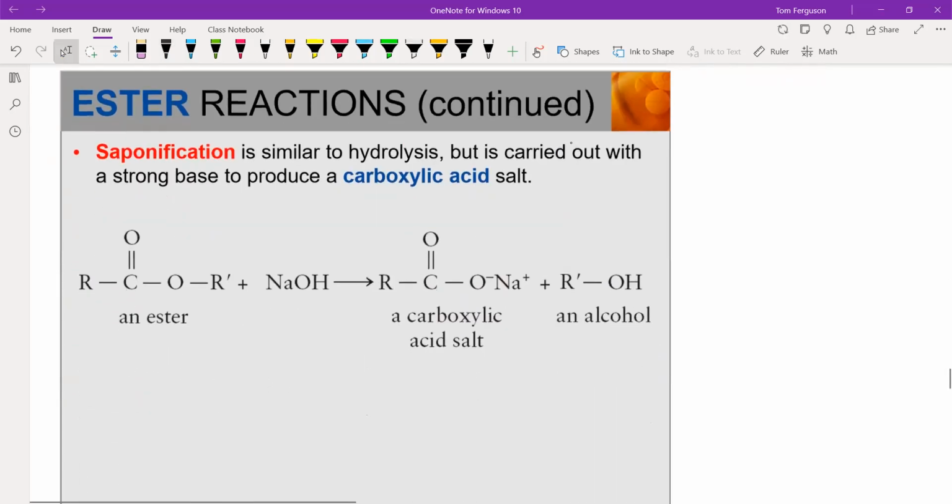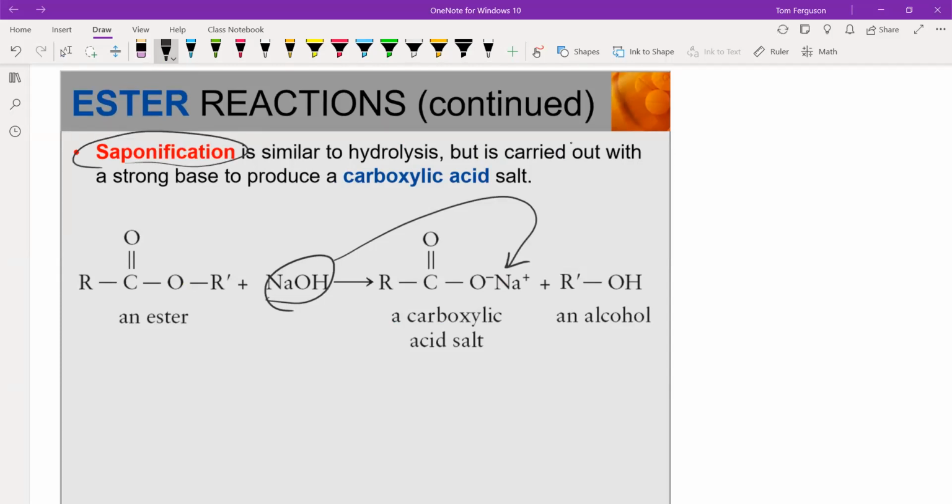In an alkaline environment, we form the salt of the original acid. Okay, so saponification is where they get the word soap from. Saponification is when we break up an ester in an alkaline environment.